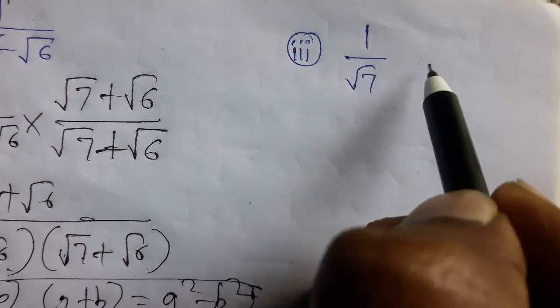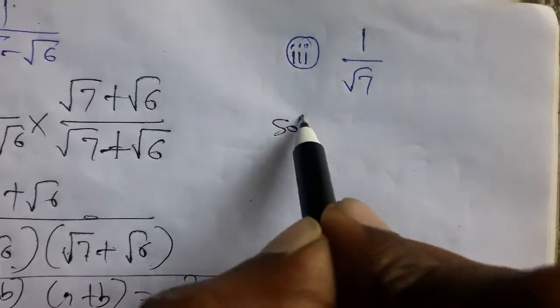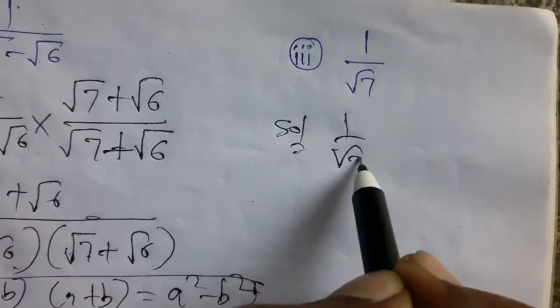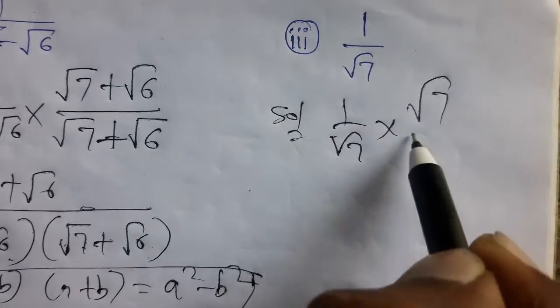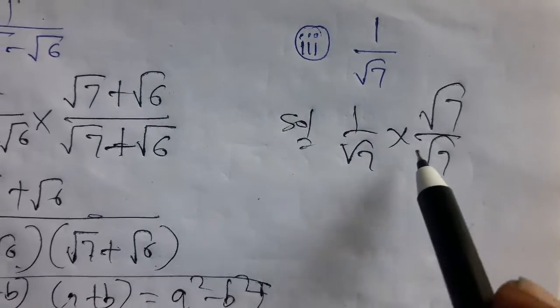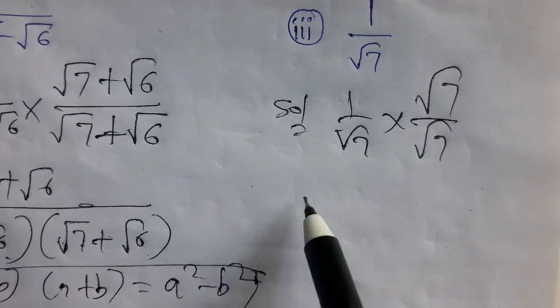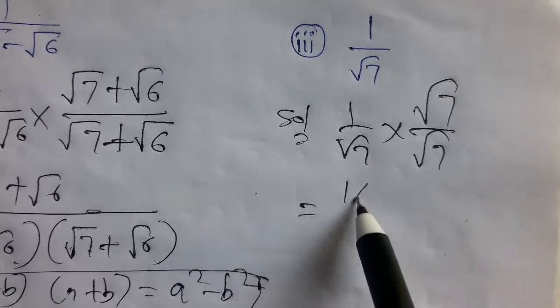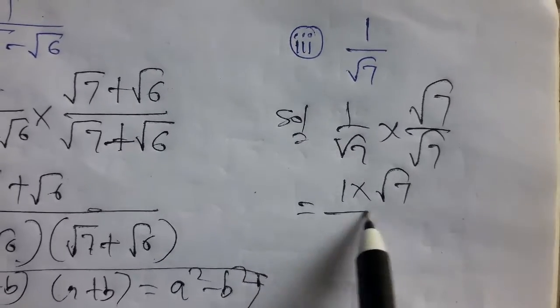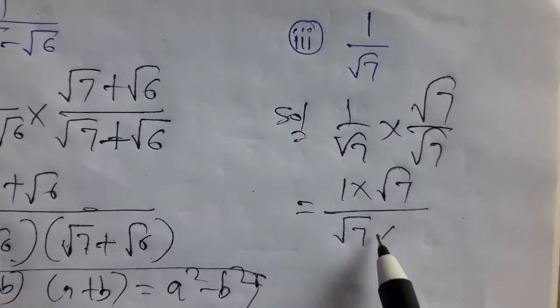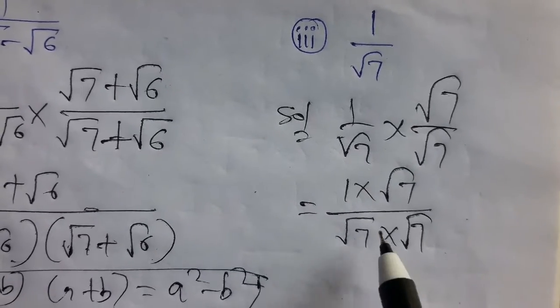Third one, this is given. So solution. So 1 by root 7. Multiply and divide with root 7. See here. This becomes 1 into root 7 by root 7 into root 7.